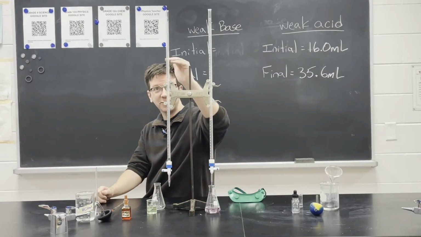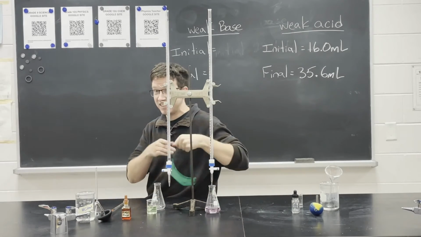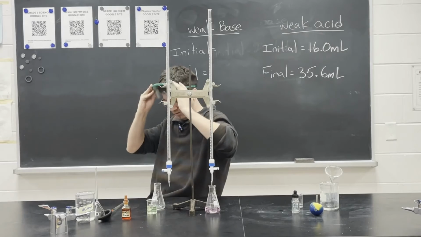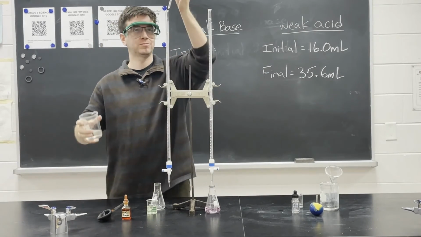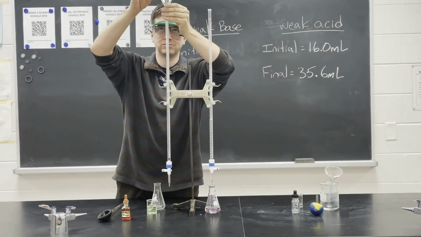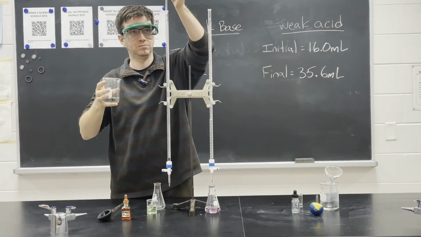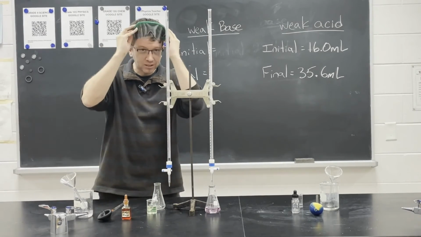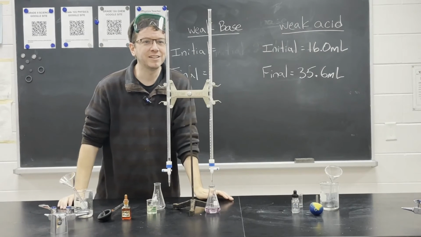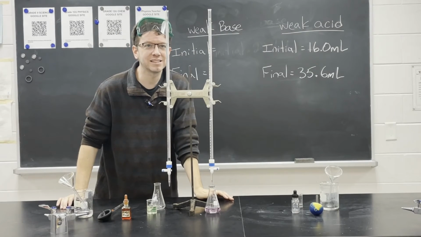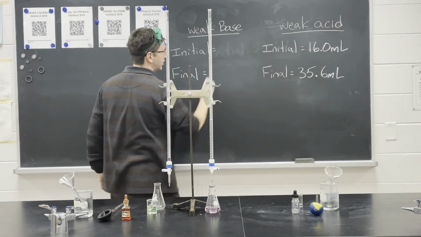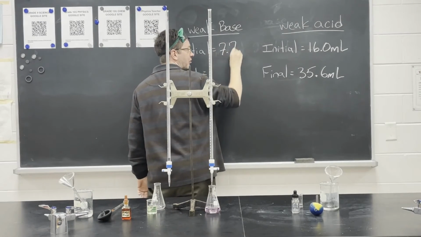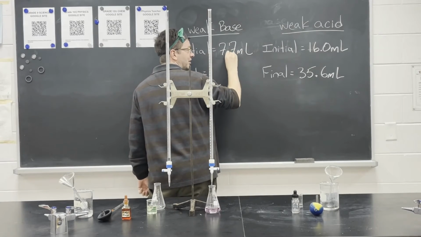Okay, and I'm going to fill this up to a certain amount, and we'll check our initial value. So I think that's good enough, and our initial value is 7.7 milliliter marking.